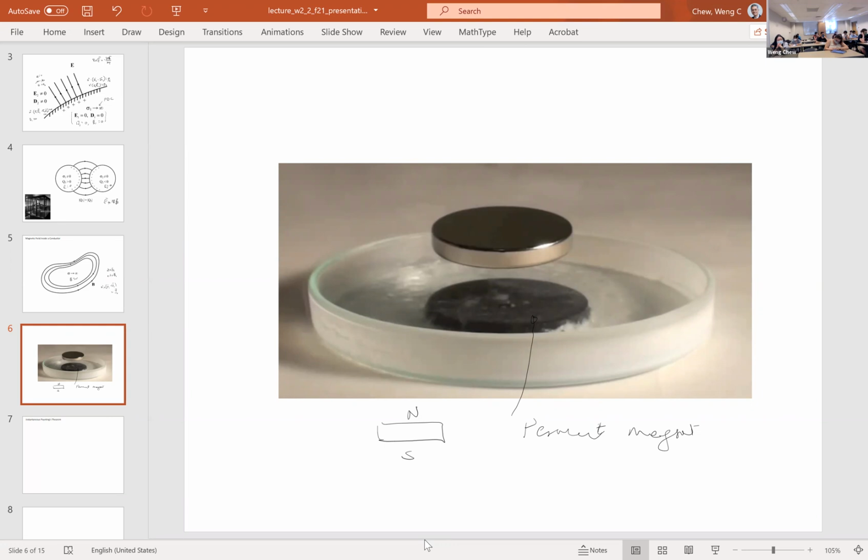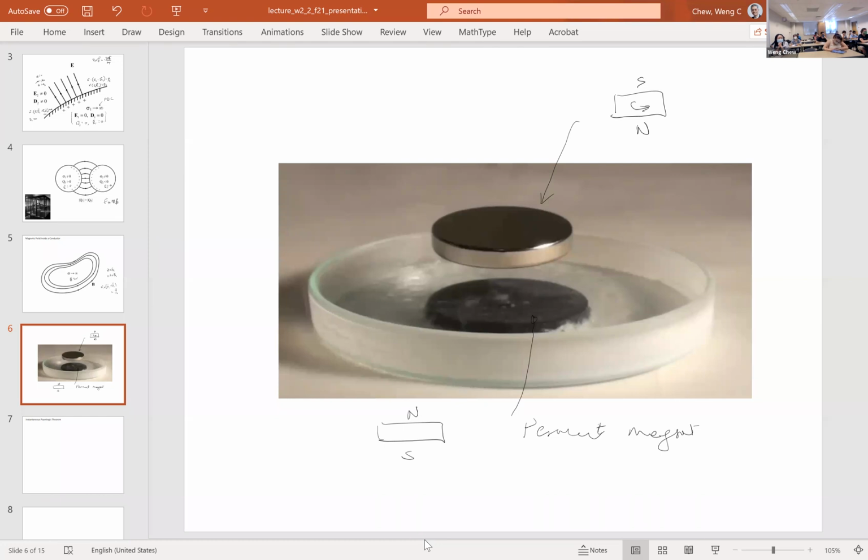So what happens here is that naturally, as you take the superconducting coin or shaped object onto the magnet, it will develop a magnet of the opposite polarity due to eddy currents flowing on it. Eddy current has to flow on it so that the magnetic field is expelled from the superconductor.